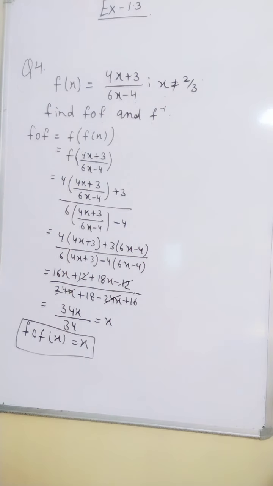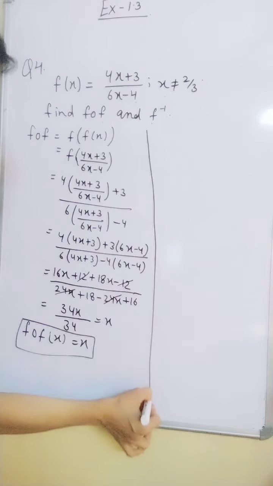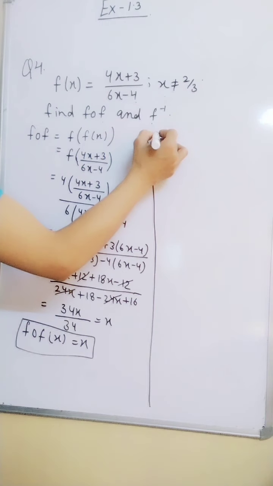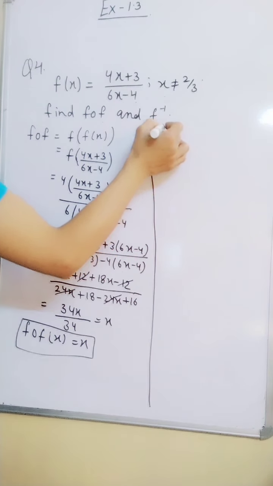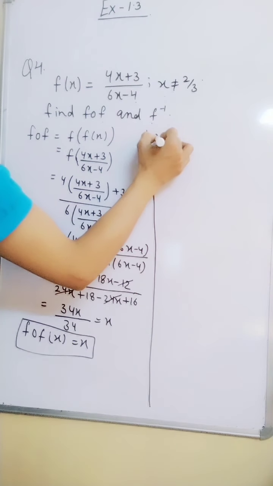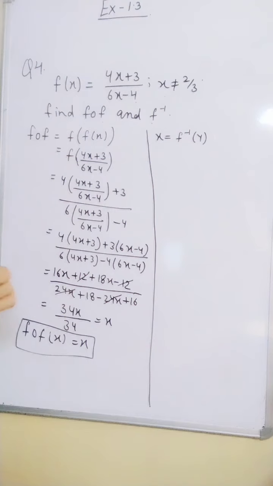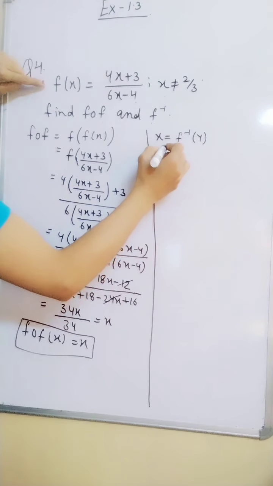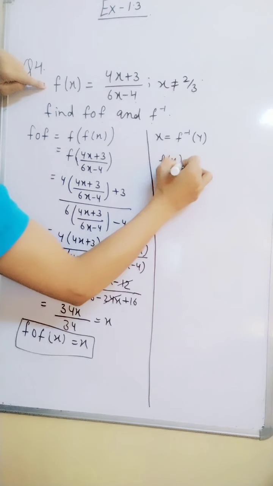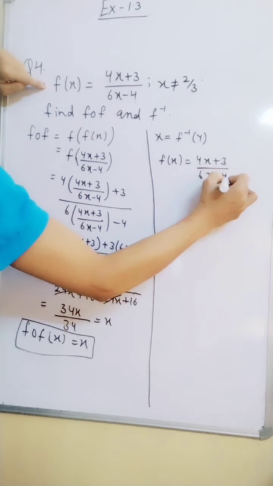Clear? Now we will find f inverse, right? So for f inverse, I'm solving at this side. See, f inverse means what? In that diagram I have explained to you that x = f inverse(y). Okay? So it is given f(x) = (4x + 3)/(6x - 4).